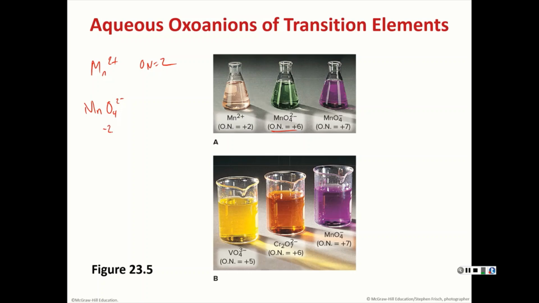Oxygen is always going to be a -2, unless it's in a molecule like O2 bonded to itself, or in a peroxide where it's bonded to another oxygen. But in all other compounds, oxygen is going to be a -2 oxidation number. The oxidation numbers have to add up to the total charge of the molecule.